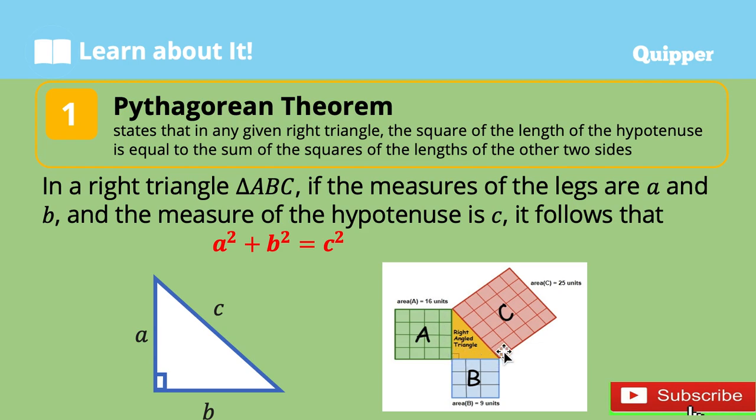And this side here measures 3 units. The square of 3 is 9. And for the hypotenuse, this measures 5 units, and the square of 5 units is 25. If you're going to add 16 and 9, the result is 25.